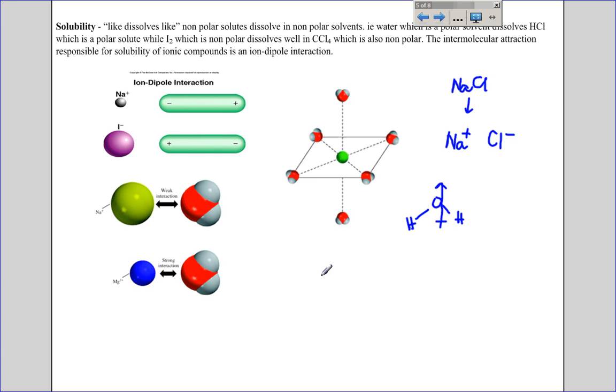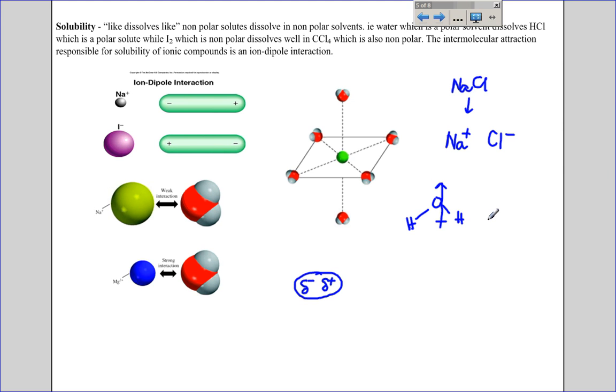Now if you have a polar molecule, that means that it's got a slightly positive end and a slightly negative end. And so many polar molecules will be soluble in water because water can effectively interact with and surround the polar molecule.